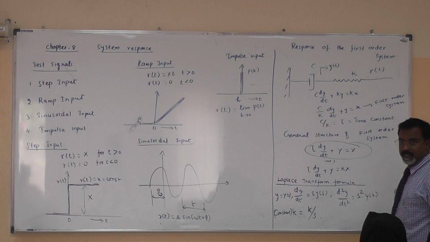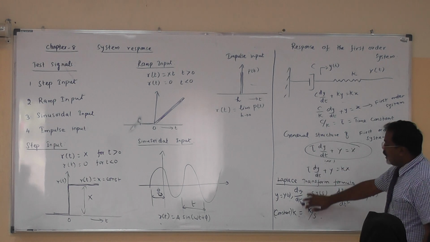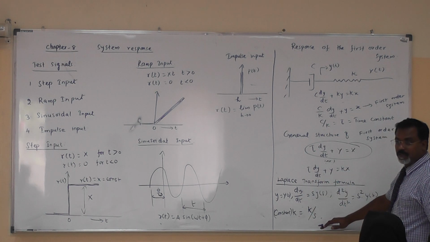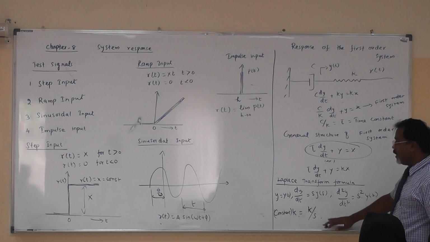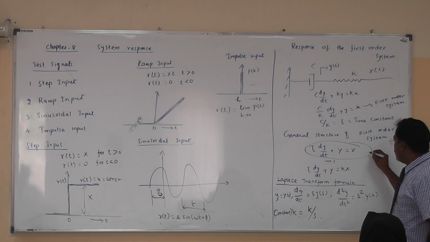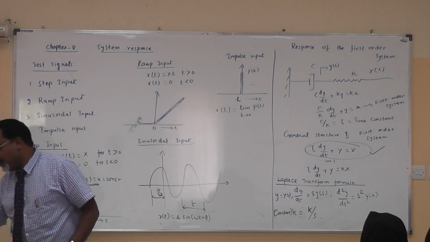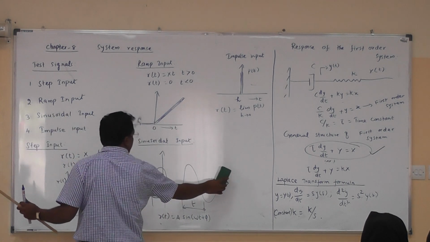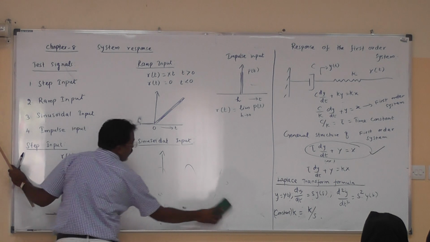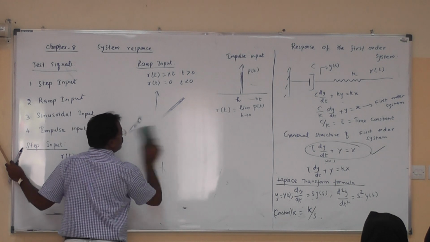A constant k means k by s. Okay. These are some Laplace transform formulas. You should memorize these. So you are taking the first order equation. See that I am going to take the first order equation: tau into dy by dt plus y equal to x.